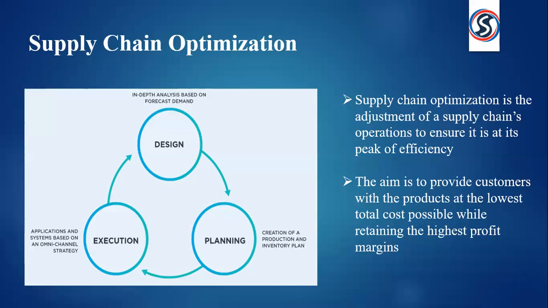Fine. So to achieve these goals, the managers have to balance the cost incurred in manufacturing, in inventory management, in transportation, and in the fulfillment of the customer's expectations. Fine. So this supply chain optimization process begins with a systematic and in-depth analysis based on the forecast demand.